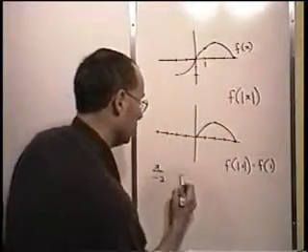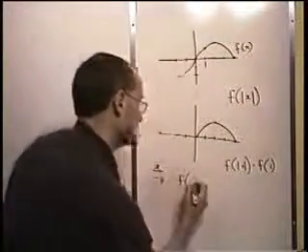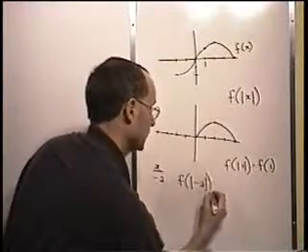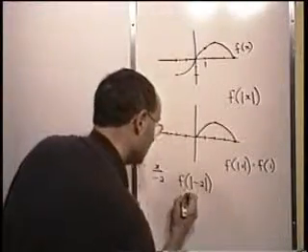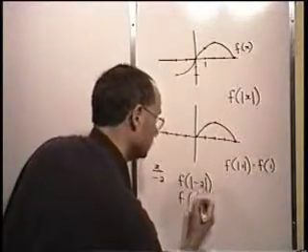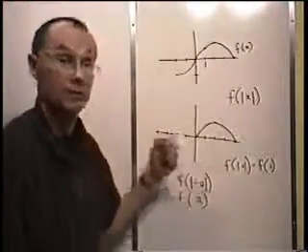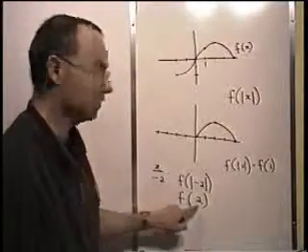So in it goes: f of, now I'm supposed to do the absolute value of this x, so the absolute value of -2. What does that transform into? It becomes f of normal +2, because the absolute value of -2 turns it into +2. So now I have f of 2.